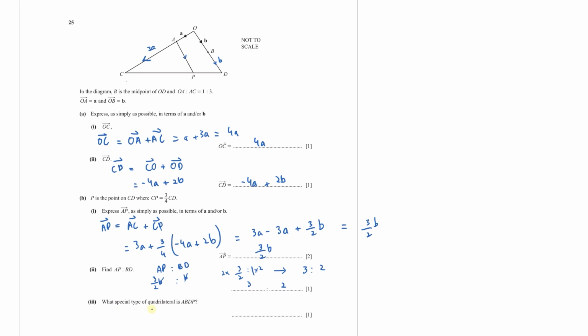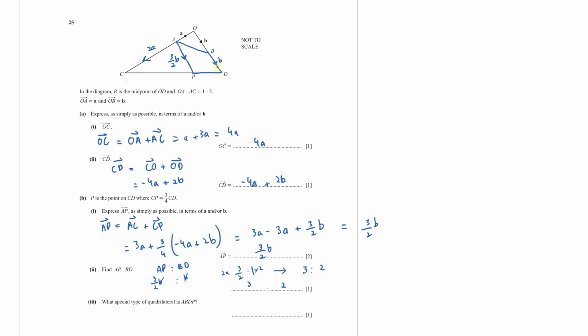What special type of quadrilateral is ABDP? So what quadrilateral is this? We know that BD is B and AP is 3 by 2B. Since they are only in the direction of vector B, these two sides are parallel.